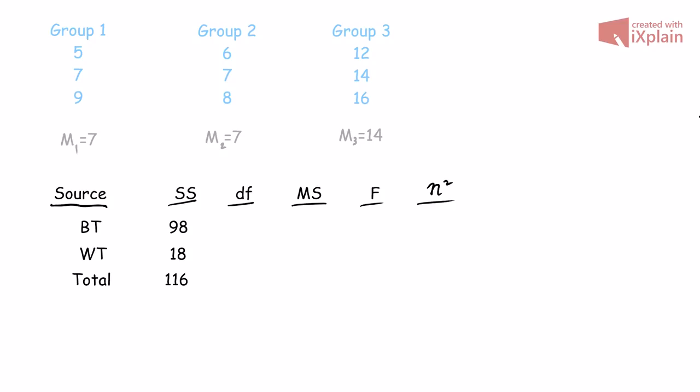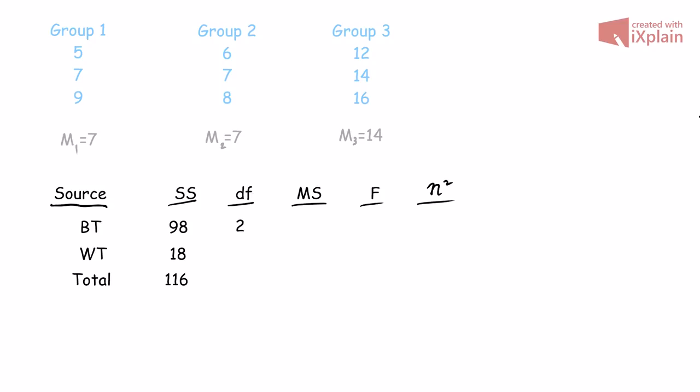Now, that's a sum of squares. And I want to get, as I've indicated, the mean or average amount of variability for between treatment and the average amount of variability for within treatment. And so like always, when we have a sum and we want to get an average, we need to divide by something. And what we're going to divide by is the degrees of freedom.